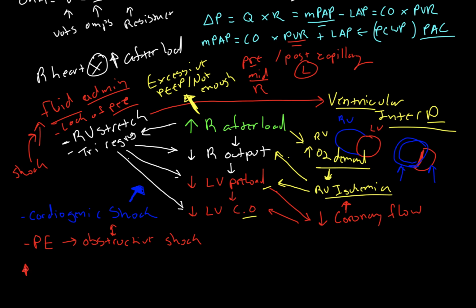So let's say increase in mean pulmonary artery pressure are things like ARDS, COPD. We can also have tension pneumo.